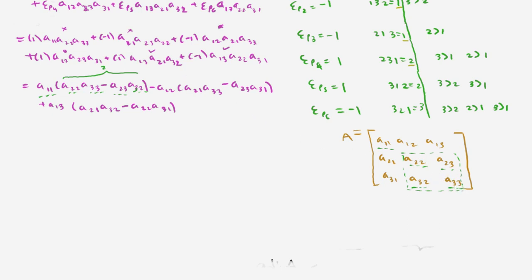And likewise, if I take, let's say, this one, A12, then A21, A33, which is this 33, and 23 this one, and 31 this one.